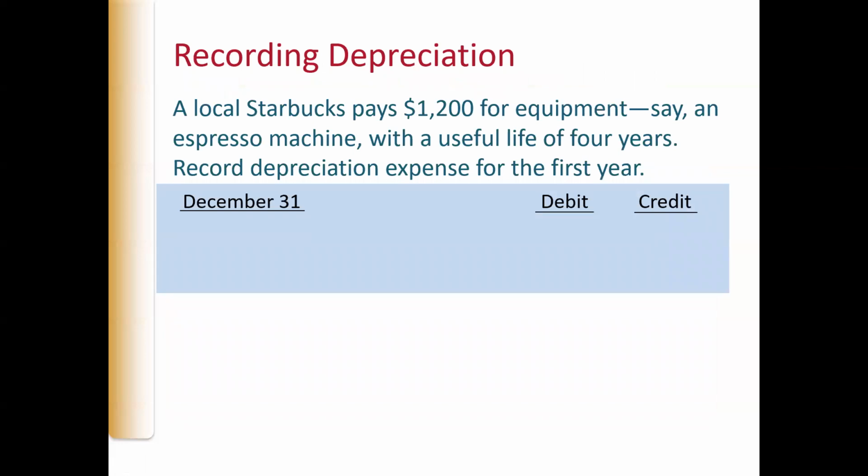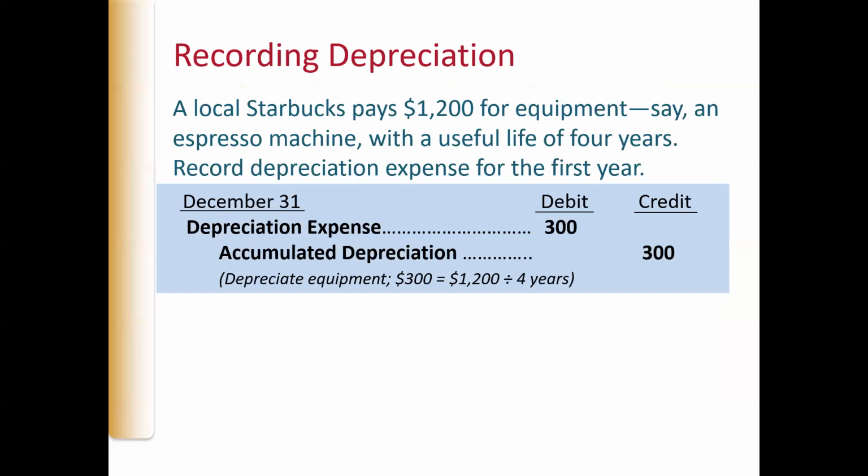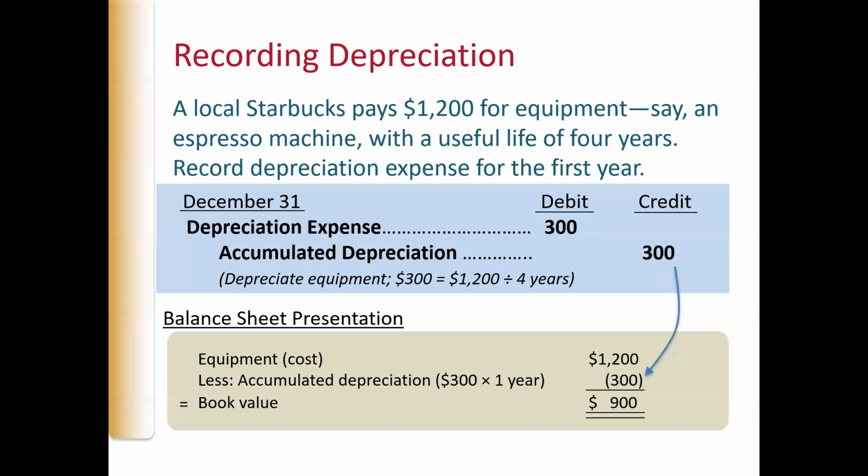So when a local Starbucks pays $1,200 for equipment, an espresso machine with a useful life of 4 years, to record this depreciation, we take that $1,200, divide it by 4 years, which gives us $300. We'll debit depreciation expense and we'll credit accumulated depreciation.